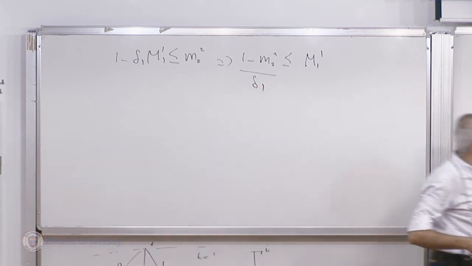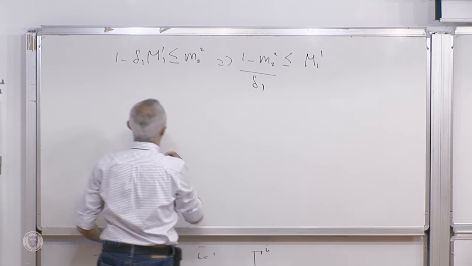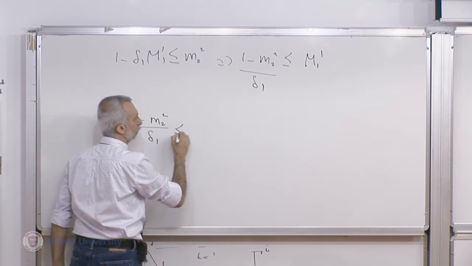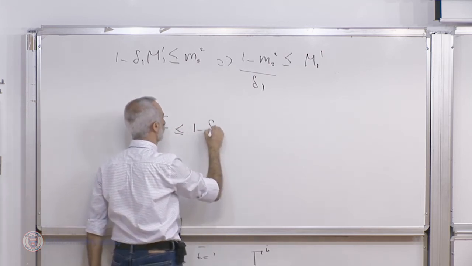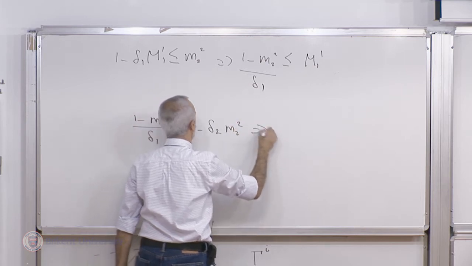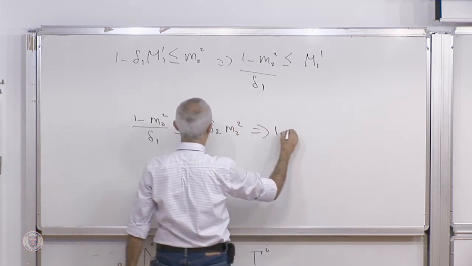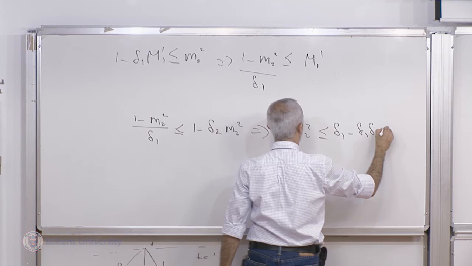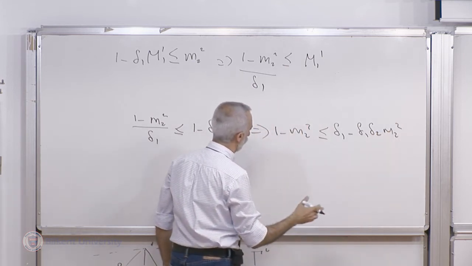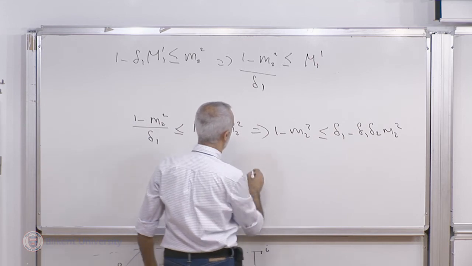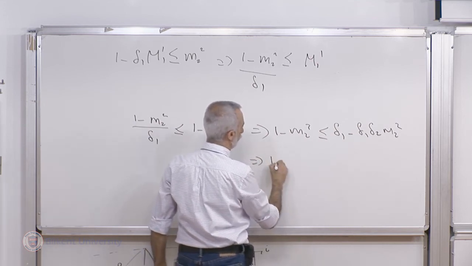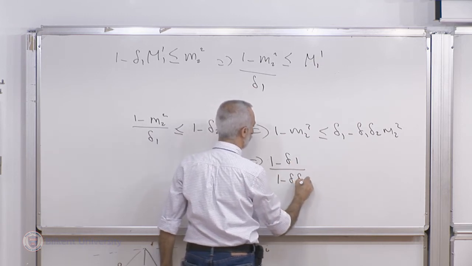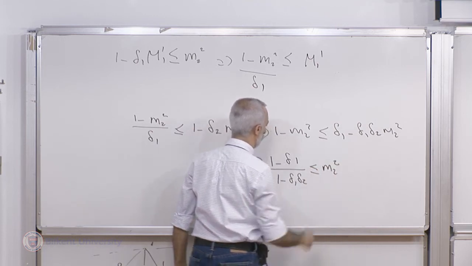So this together with this will give me 1 minus M22 divided by delta 1 less than or equal to 1 minus delta 2 M22, which would imply 1 minus M22 less than or equal to delta 1 minus delta 1 times delta 2 M22, which would imply 1 minus delta 1 divided by 1 minus delta 1 times delta 2 less than or equal to M22.